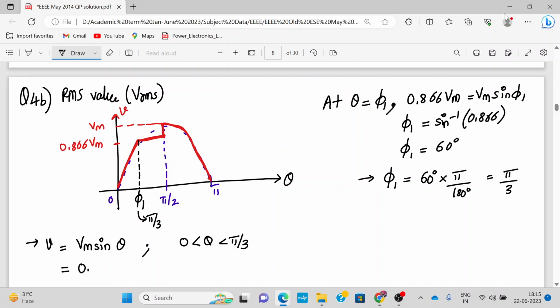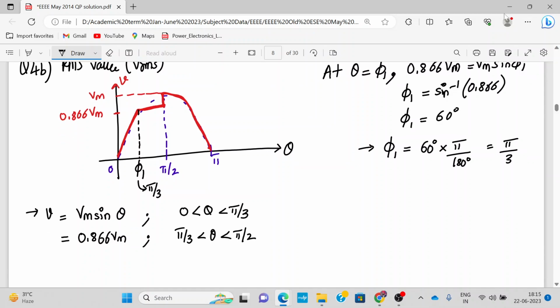Then it becomes a constant value from pi by 3 to pi by 2. I hope this is clear. And then V again becomes Vm sin omega t from pi by 2 to pi. So from this discussion we came to know that the time period is pi. Okay.